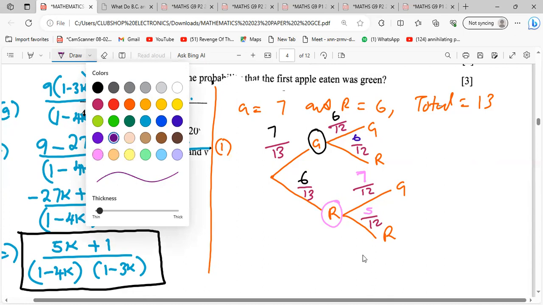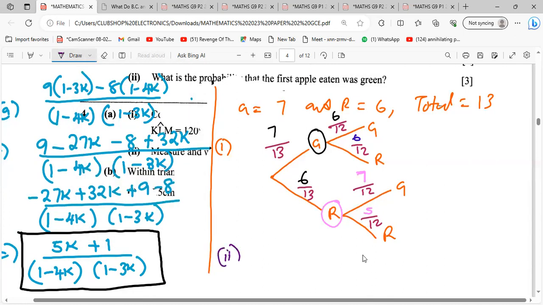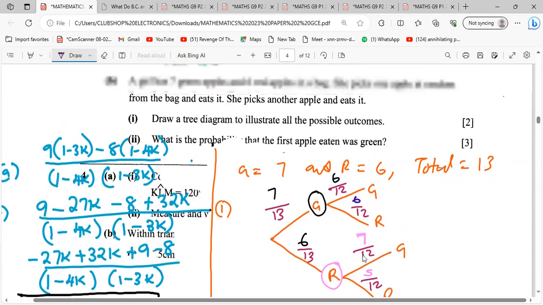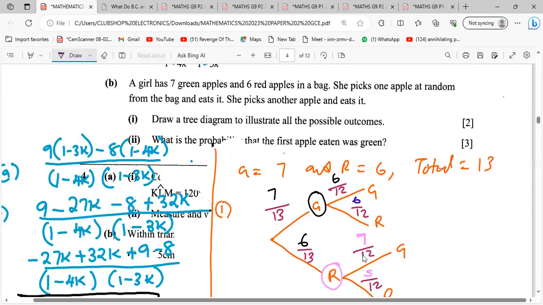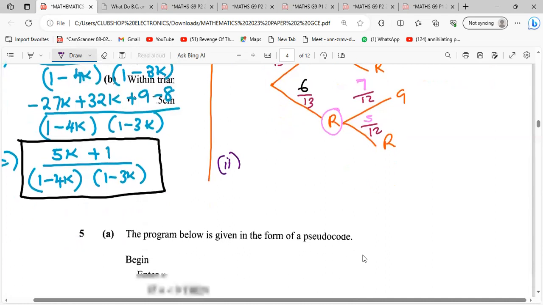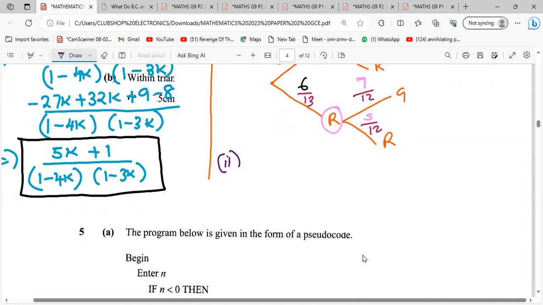Go to B. What is the probability that the first apple eaten was green? This simply means the probability that the first is green and the second is red, plus the probability that the first is green and the second is green.